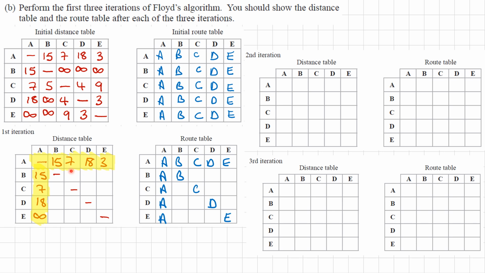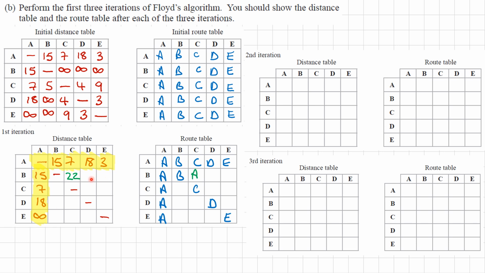So we'll start here. 15 plus 7 is 22. 22 is less than infinity, so we change, and I'll put all the changes in green. So change the value, change the letter in the route table to A. So this now gets changed to A because it's the A row and column.